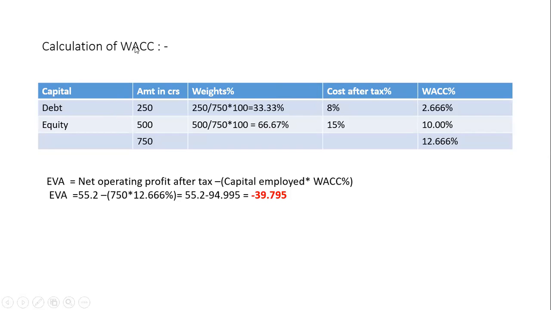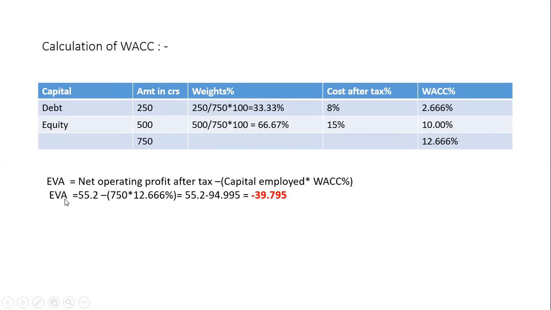Calculation of WACC. WACC is the cost of funds, the cost of raising funds from the market. When you raise money through debt and equity, you pay the cost on it, 8 and 15%. The total cost you are paying, the weighted cost, is 12.67. This is the cost of funds of 750 crores. When you raise money of 750 crores, you are paying 12.67 on it. So this is the cost of funds, 94.995, and your income after tax is 55.2.